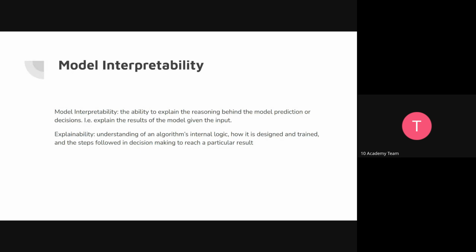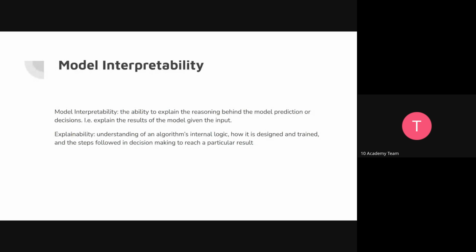Model interpretability is the ability to explain to a person how the model predicted this: given this input they got that output, explaining the reasoning of the model. There is also terminology of interpretability and explainability.